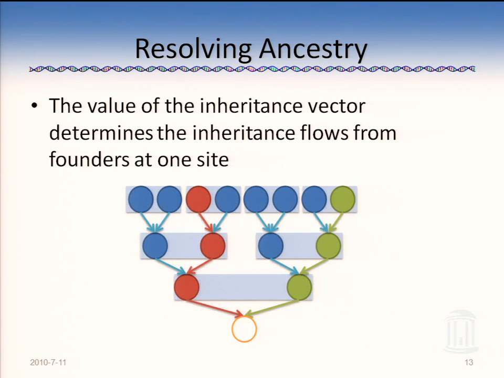You start from 4 founders and end up with 1 resulting animal, and this structure is converted into states in the hidden Markov model. Transitions in the hidden Markov model represent the recombinations in the pedigree. This is how we link pedigree information into a hidden Markov model. So basically, you incorporate the pedigree structure.